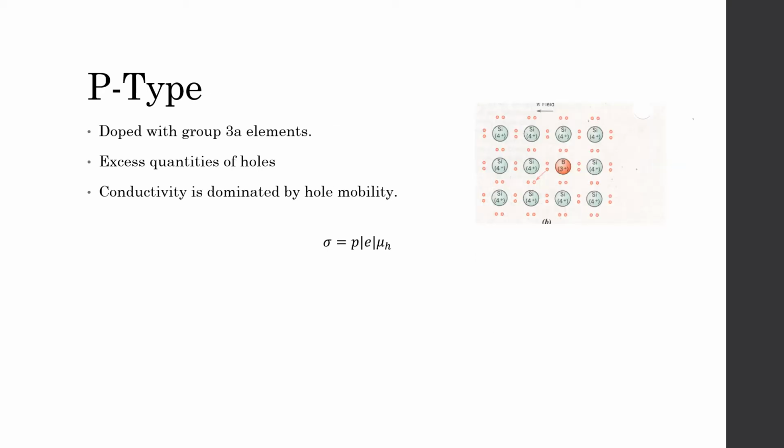In contrast with N-type semiconductors, P-type semiconductors are doped with group 3 elements such as boron, just as it was for N-type semiconductors. P-type semiconductors have a defect that prevents them from fully bonding with other silicon atoms.